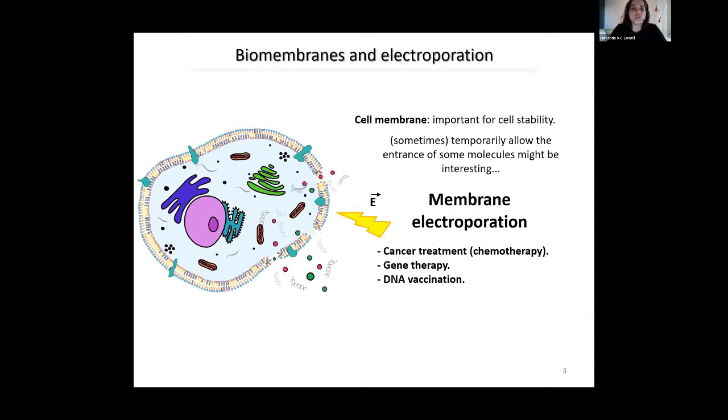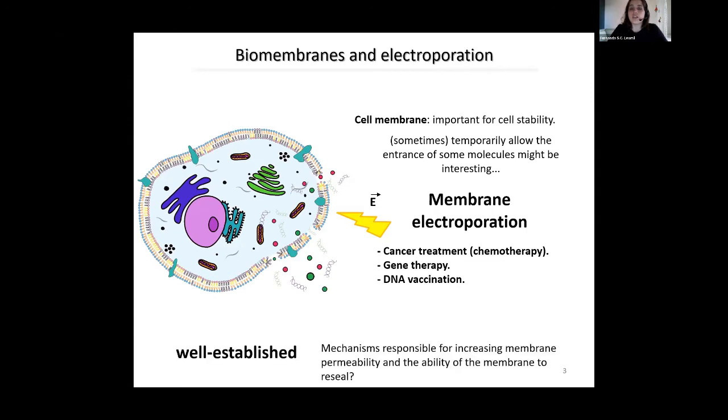It has been used for different medical purposes, such as cancer treatment in combination with chemotherapy, gene therapy and DNA vaccination. Although this is quite a well-established technique, still little is known about the mechanisms responsible for increasing the membrane permeability after electroporation, and also about the ability of the membrane to reseal after that.